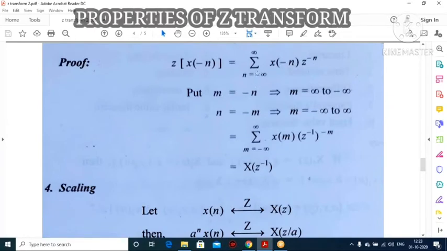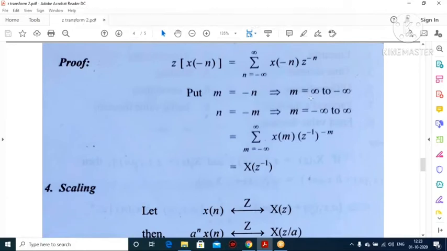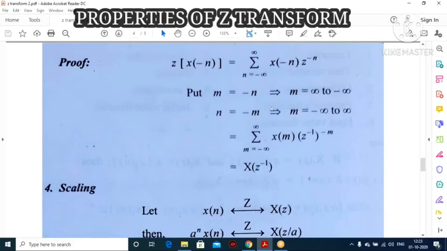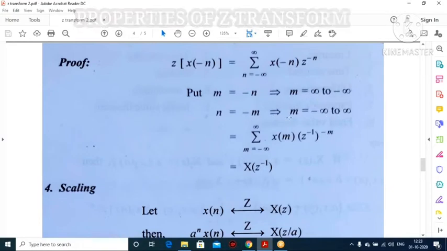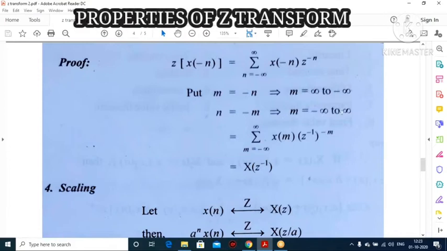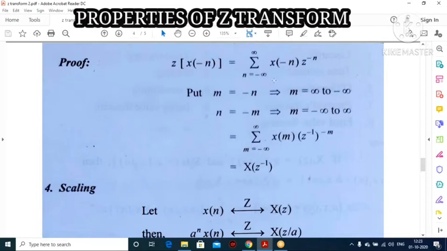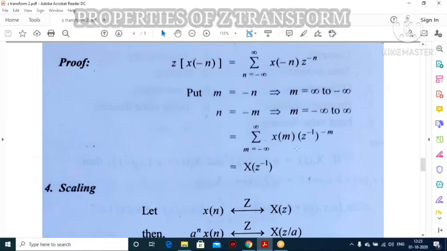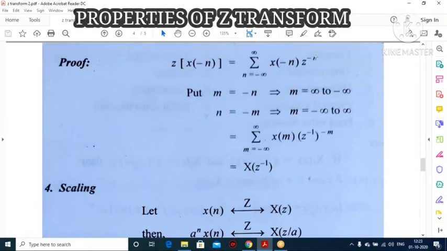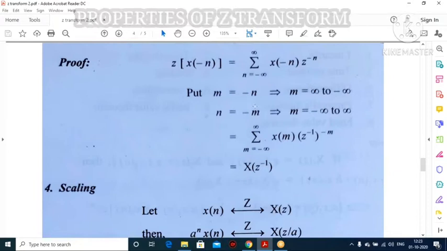When n equals minus infinity, m tends to infinity, and so the limit of m also varies from minus infinite to plus infinite. So inside the summation you have x of m times z power minus n, and instead of minus n, I substitute here m.